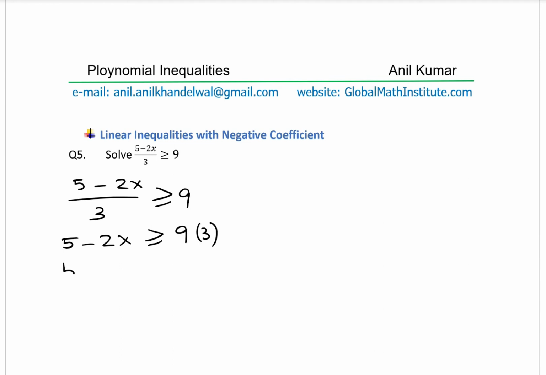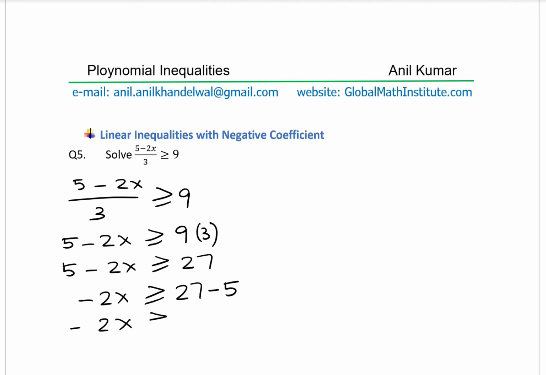So that gives me 5 minus 2x is greater than or equal to 27. Now, here we have minus 2x. We'll see how to work with that. First, let's take care of 5. So we get minus 2x is greater than or equal to 27 minus 5. And that gives you minus 2x is greater than or equal to 22.